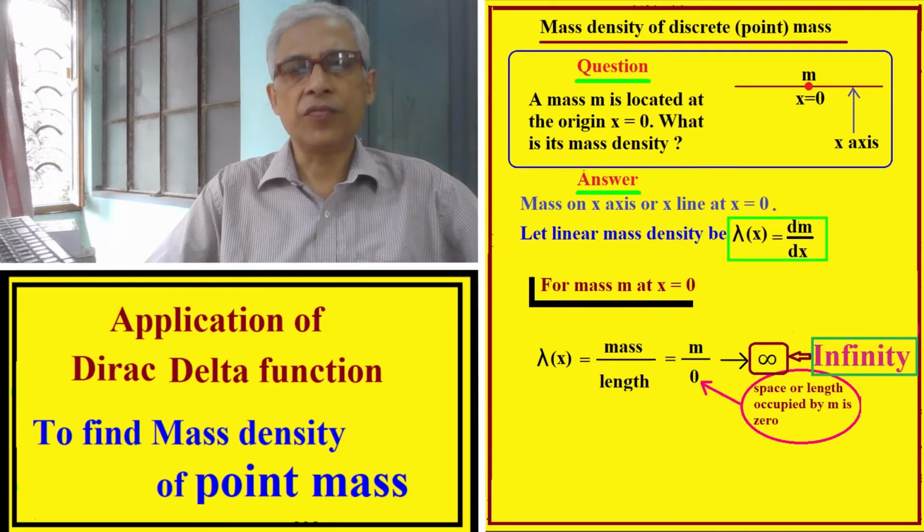If we try to find the linear mass density lambda of the mass at x equal to 0, we run into a grave problem as seen from the attempt that we have made in the slide. Since the point mass m is situated at a point and occupies no length, lambda is m by 0, and that means we get infinity.